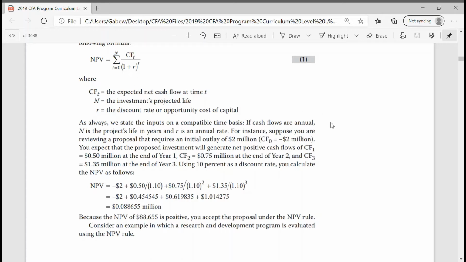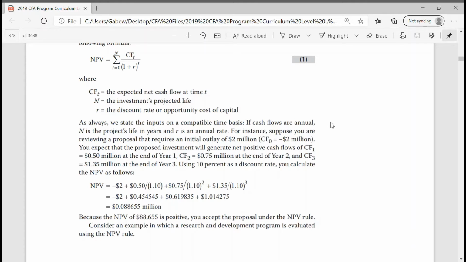As always, we state the inputs on a compatible time basis. If cash flows are annual, n is the project's life in years, and r is the annual rate. For instance, suppose you are reviewing a proposal that requires an initial outlay of $2 million. So CF0, the cash flow at time 0, which is initial, is negative $2 million.